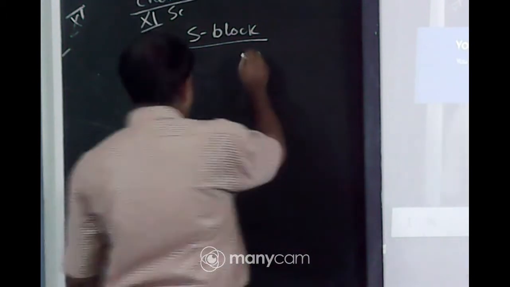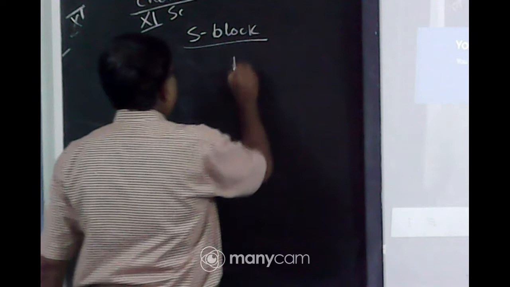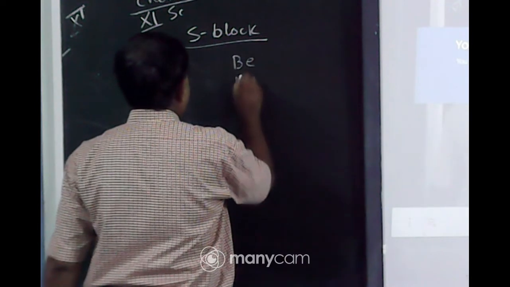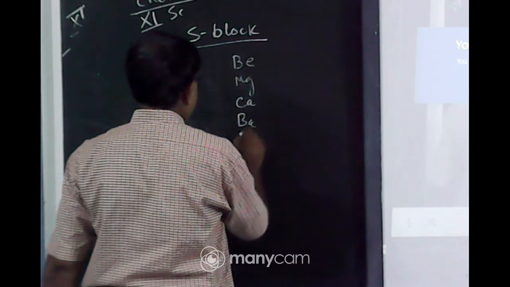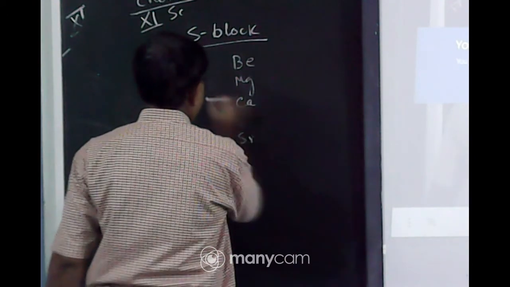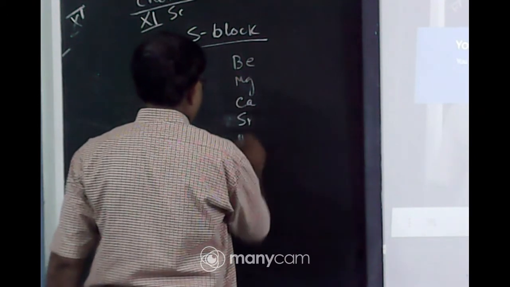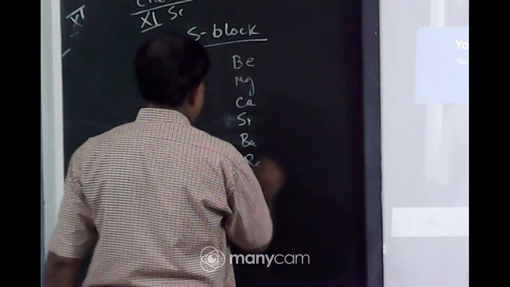What are the alkaline earth metals? The alkaline earth metals are beryllium, magnesium, calcium, strontium, barium and radium.